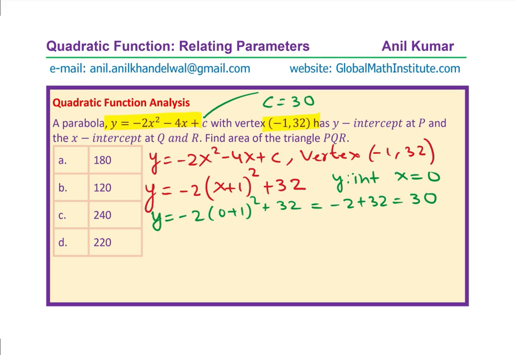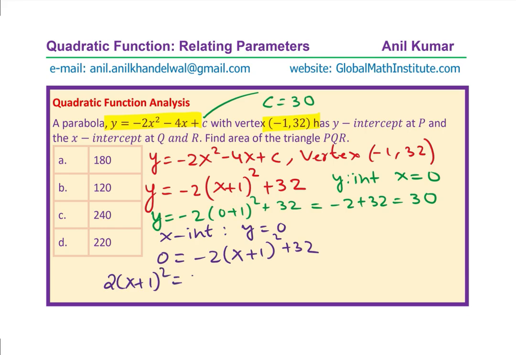Perfect. Now, let's find the x-intercept from the vertex form. For the x-intercept, we know that y is equal to 0. Putting y equals 0 in the equation minus 2 times (x plus 1) whole squared plus 32, we can write 2 times (x plus 1) whole squared equals 32, and then we'll divide by 2 on both sides, which gives (x plus 1) whole squared equals 16. And you can take the square root, right?